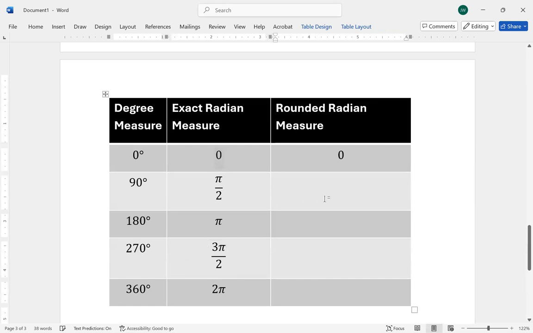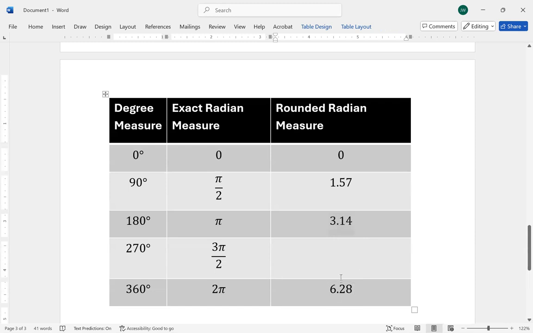Now, I just want to make us aware of this. Pi is about 3.14159, right? So if I rounded pi to a couple of decimal places, it'd be about 3.14. That means the radian measure of 90 degrees, while we know the exact value is pi over 2, the rounded value is about 1.57. 2 pi is double 3.14, and that's about 6.28.